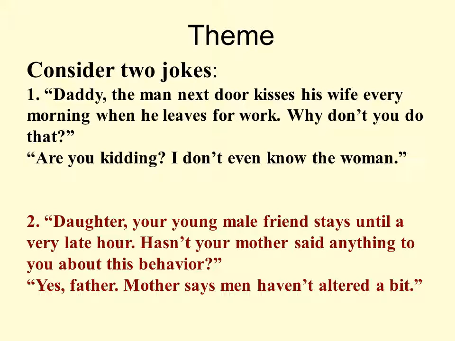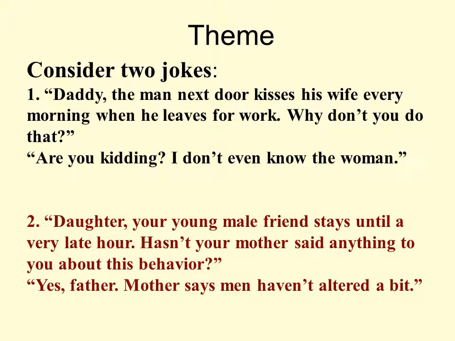So each of these jokes depends upon a reversal. The first joke is simply reversal instead of what we expect. Instead of saying why he doesn't kiss his wife, he says why he doesn't kiss the man next door's wife. The second one, however, we can say there's a theme to that joke. There's an idea within there.